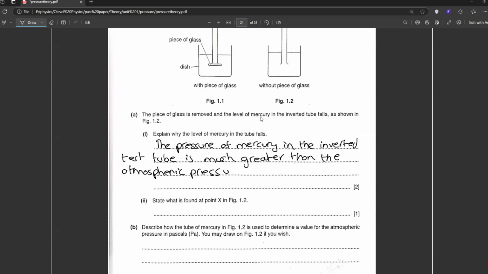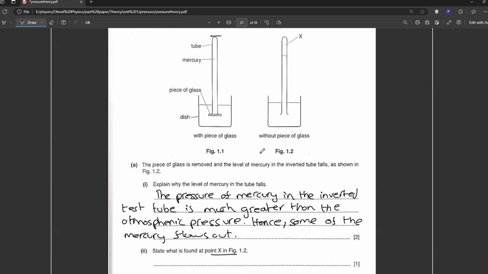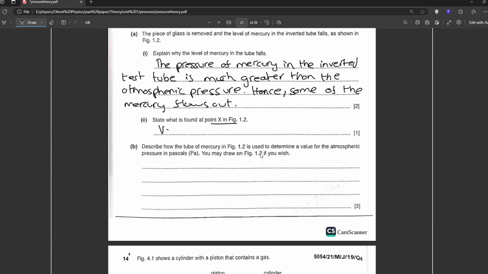Hence, some of the mercury flows out. Okay. State what is found at point X in figure 1.2. This is a vacuum. Simple. You can write it here. This is a vacuum.